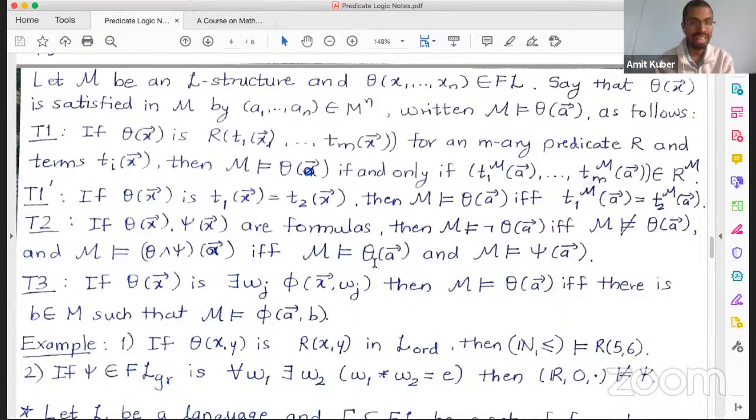We say that theta is true in M at A bar. There is no necessity of A bar while dealing with sentences. So you can define satisfaction for formulas as well. A formula is true in a structure at a particular tuple.